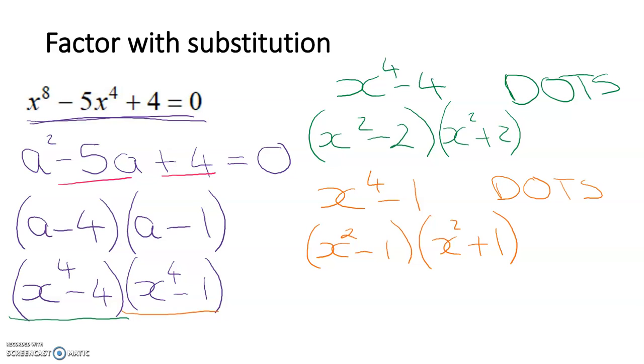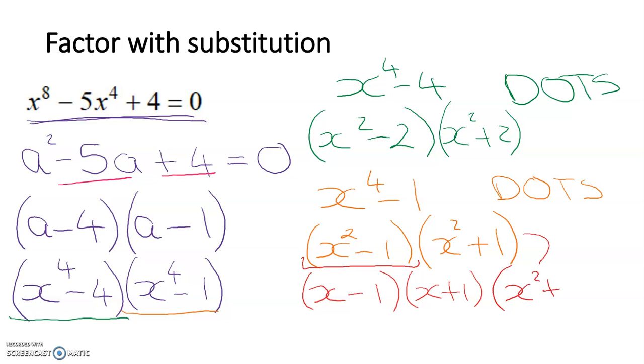However, I can actually keep going with this one because right here I still have another difference of two squares. Because the square root of x squared is x, and the square root of 1 is 1, and it's being subtracted. So this actually becomes x minus 1, x plus 1, and this factor is still here, x squared plus 1.